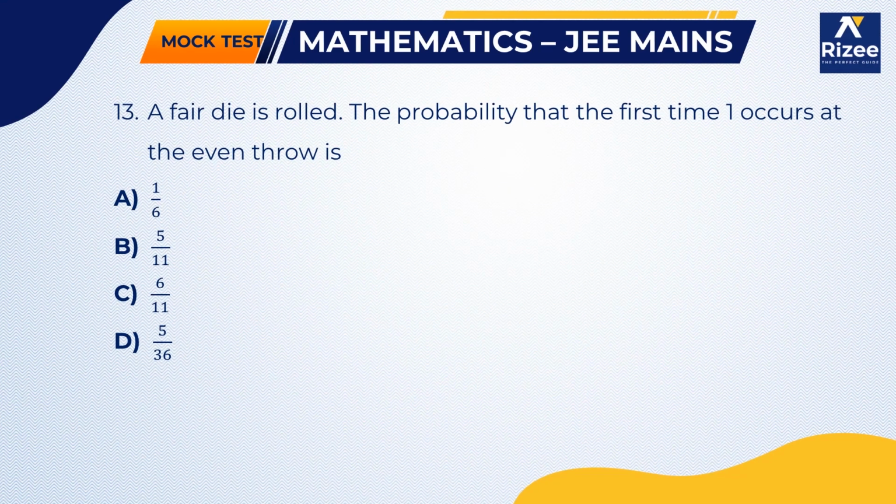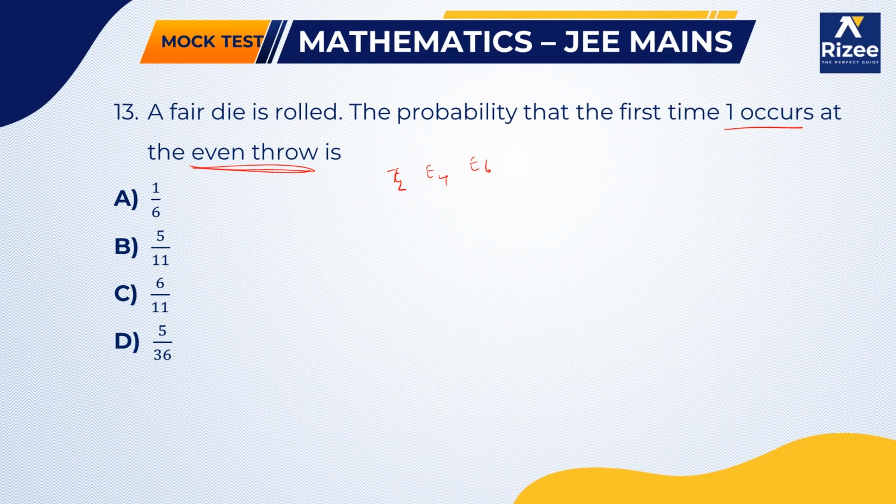The next question. If a die is rolled, the probability that the first time 1 occurs at an even throw. How many faces are we having on a die? 6 faces. What is it saying? A die is thrown, 1 occurs. The condition is an even throw, so I am taking the even throws E2, E4, E6. The total we are having is 6 numbers.